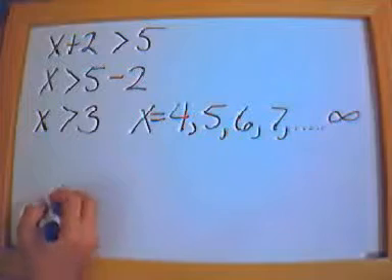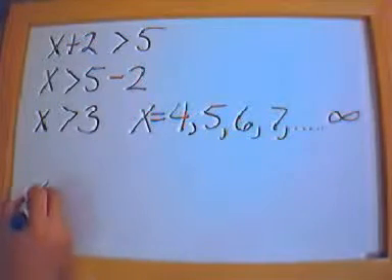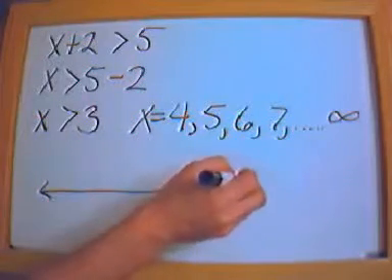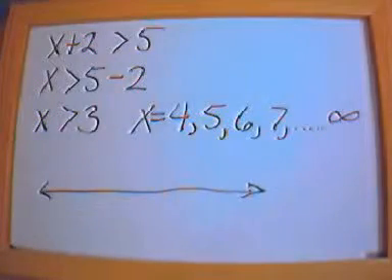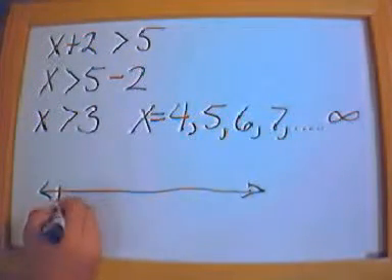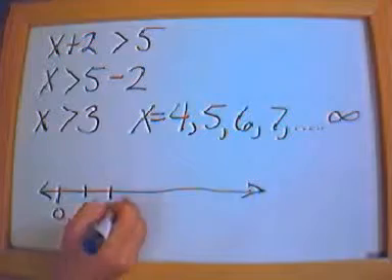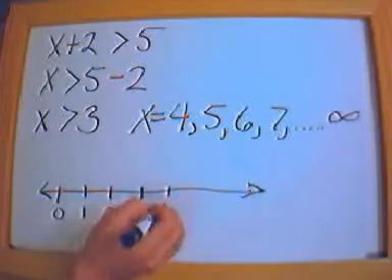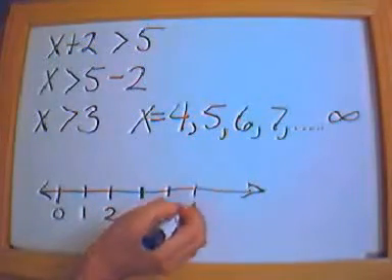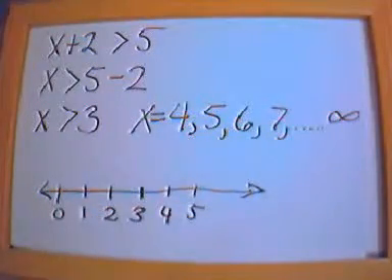And you can show that on your number line. Remember from the very first video we talked about the number line. So here's a number line. Here's 0, 1, 2, 3, 4, 5, etc., and it goes off to infinity.